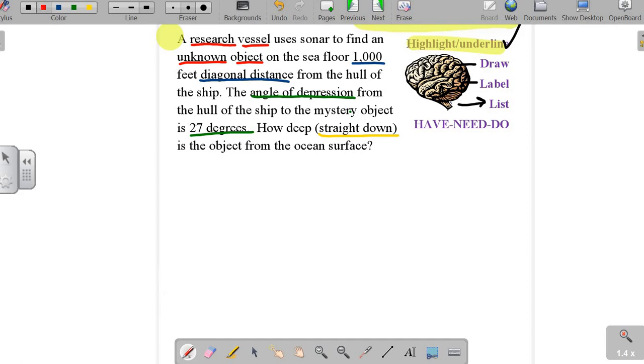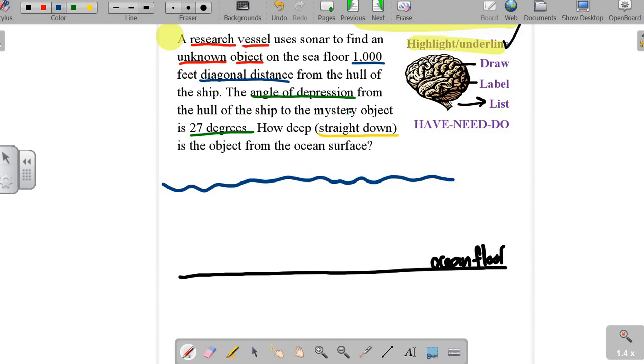First off, we have a research vessel and we have ocean and an ocean floor. So we're going to draw all the players. Here's our ocean floor. We have water. We have a research vessel.